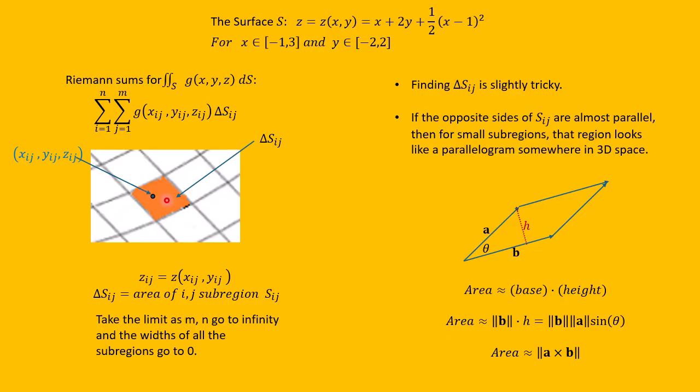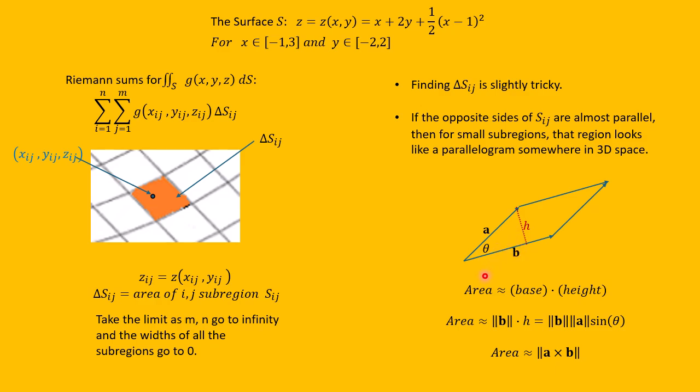So finding the area of this region, if you wanted it exactly, is slightly tricky, but what we'll do is use an approximation instead. Think of this region as being sides of a parallelogram, and the parallelogram can be defined by two vectors, a and b, and the angle between them. And we can let h be the height, the perpendicular height from this edge up to this edge for that parallelogram. h can be found in terms of a, b, and theta, as we'll see in a minute.